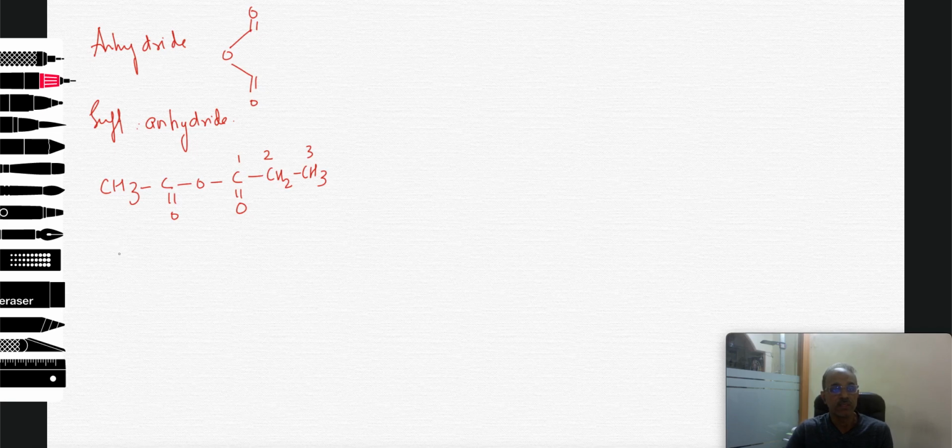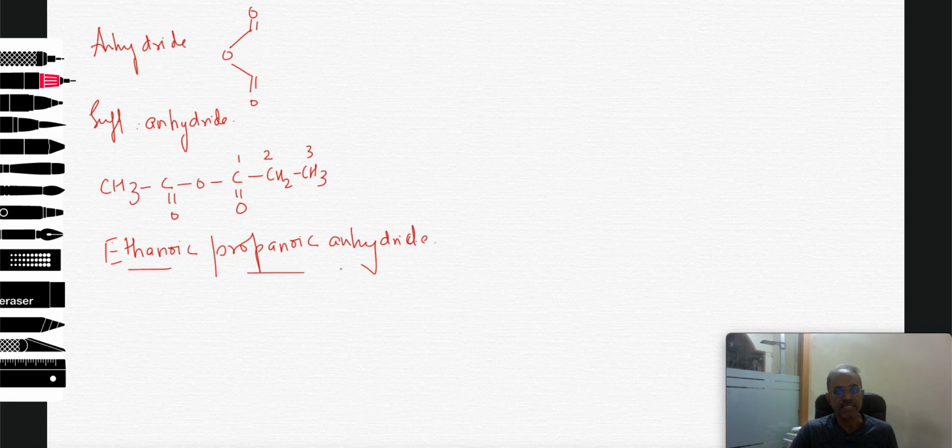It is ethanoic propanoic anhydride. This has the maximum number of carbon atoms, so it happens to be the parent: ethanoic propanoic anhydride.